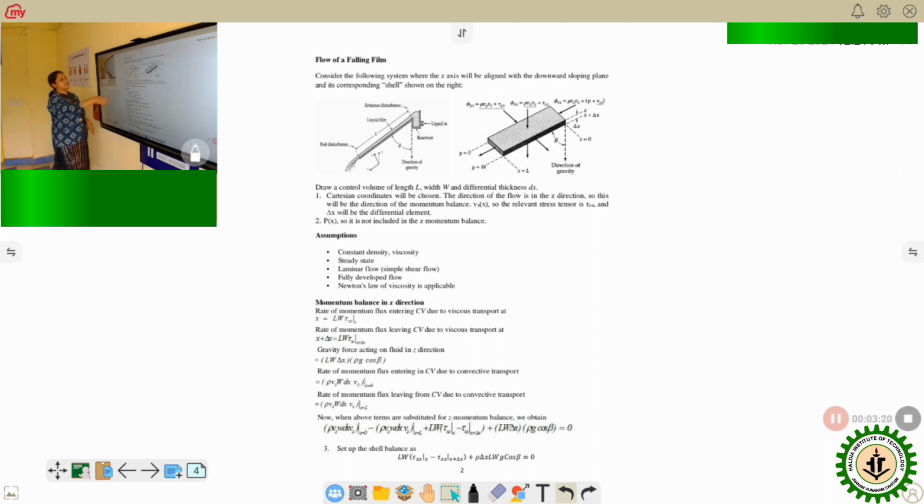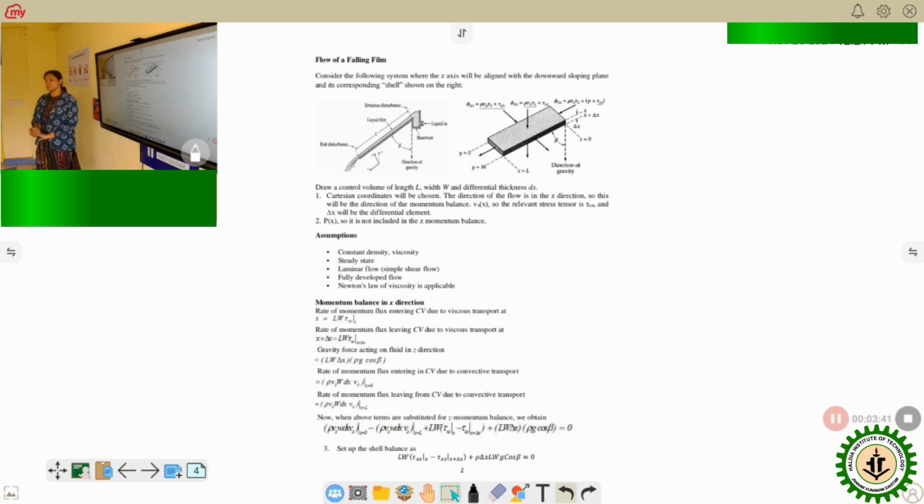After that, the gravity force acts in the z direction. So the gravity force in the z direction equals L W del x into rho g cos beta.